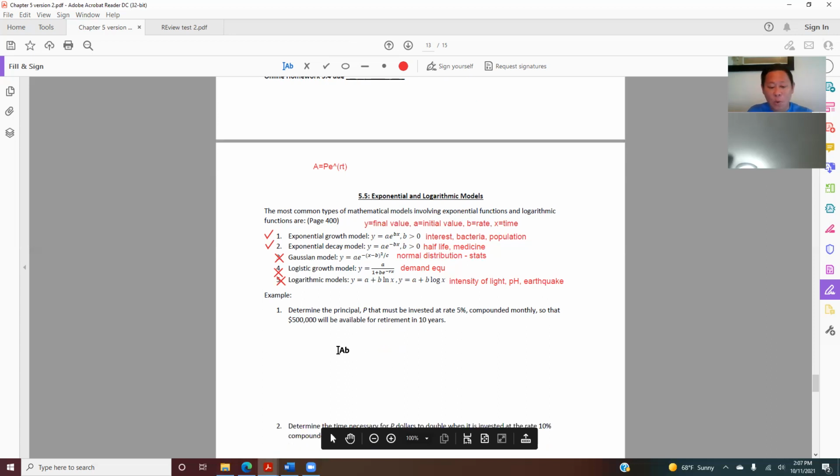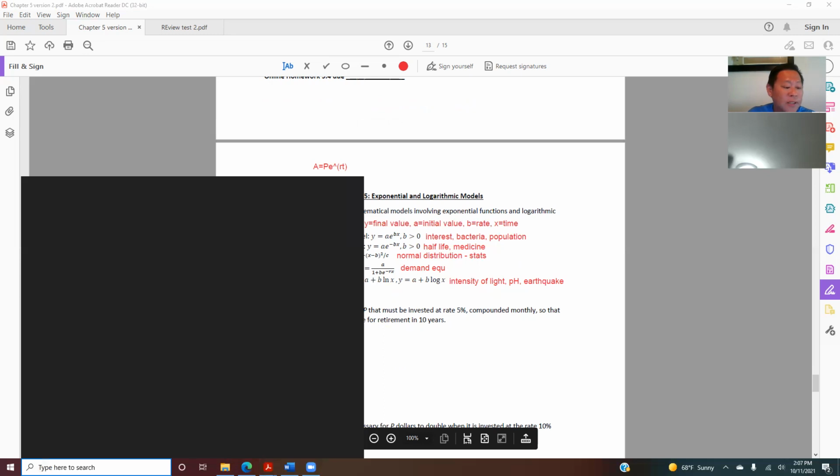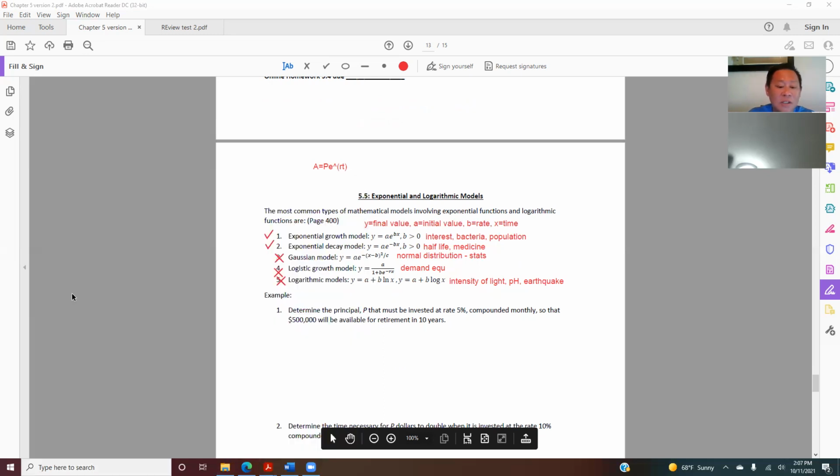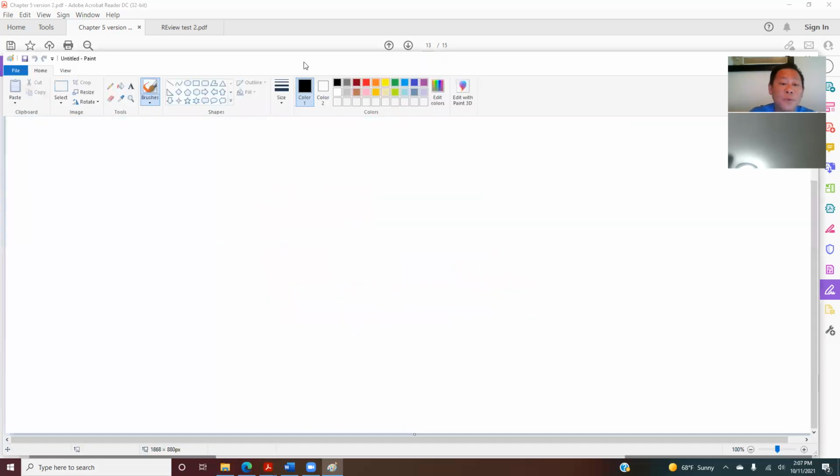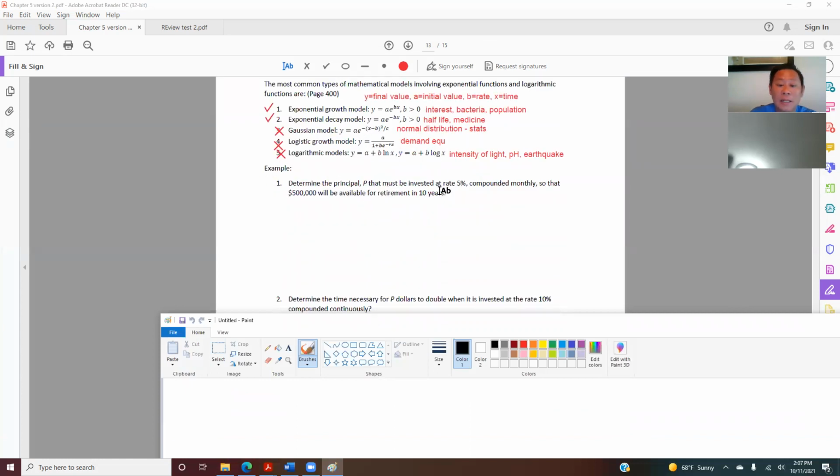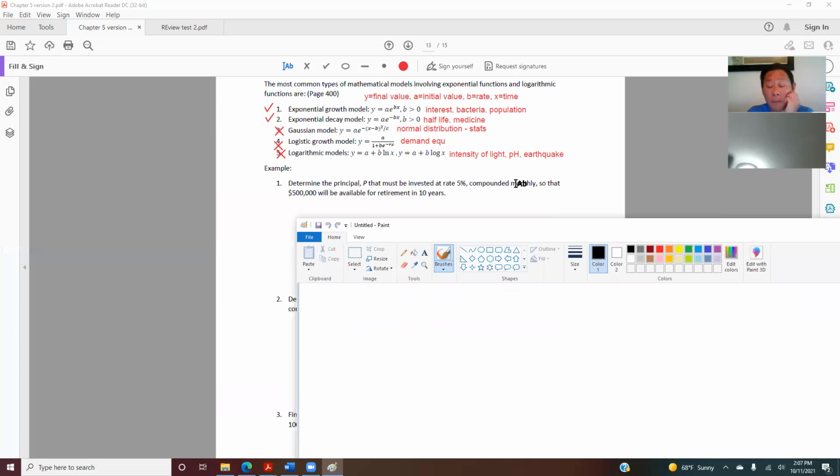Let's take a look at the first question. It asks us to determine the principal P if you invest at 5% compounded monthly, so that 500,000 will be available in 10 years.